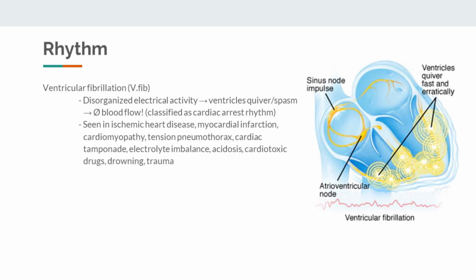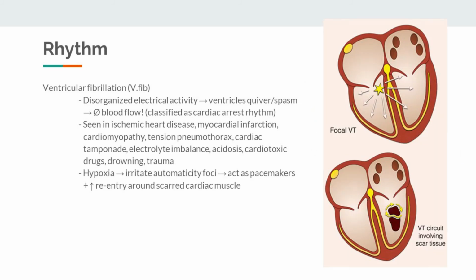Some of the things that could cause the heart to go into VFib include ischemic heart disease, myocardial infarction, cardiomyopathy, tension pneumothorax, cardiac tamponade, electrolyte abnormality, cardiotoxic drugs, drowning, and trauma. The idea is that when the myocardium becomes hypoxic due to any of the reasons just mentioned, ectopic foci in the ventricles become irritated and begin firing off action potentials.